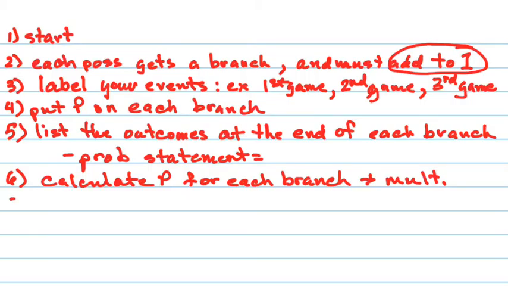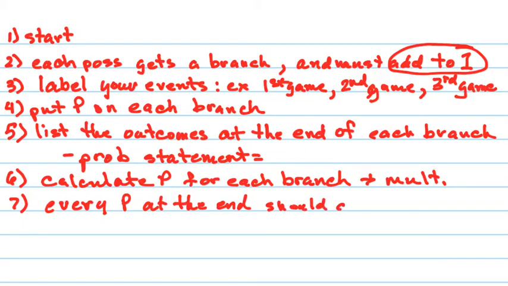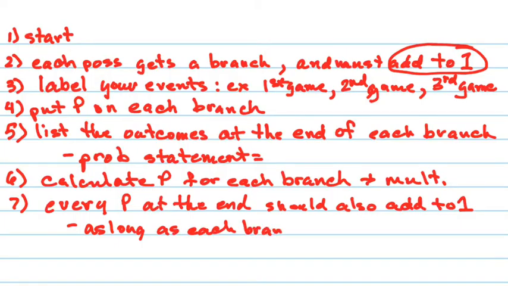Now, next thing. Every probability at the end should also add to 1. So in other words, at the end of all the branches, once you've done all those probabilities, as long as you have the same number of branches all the way, and you'll see an example of what I'm talking about there.